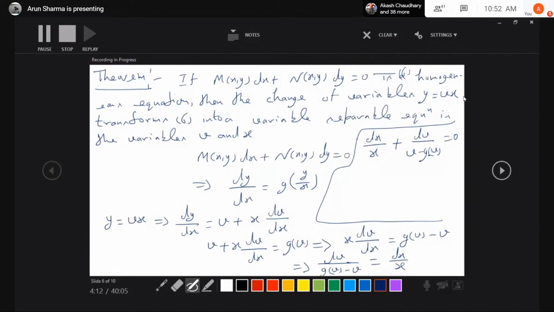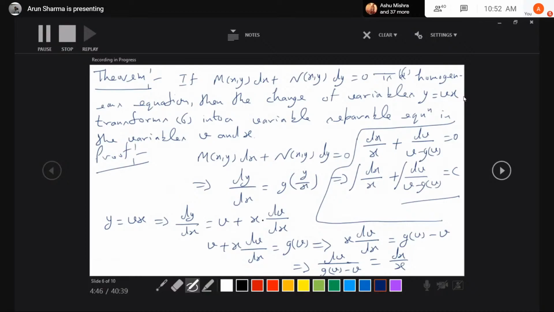So you have separated the variables, and it can be solved by integrating: log x plus the integral of dv upon v minus g of v equals to constant. So this is basically the proof of this case.